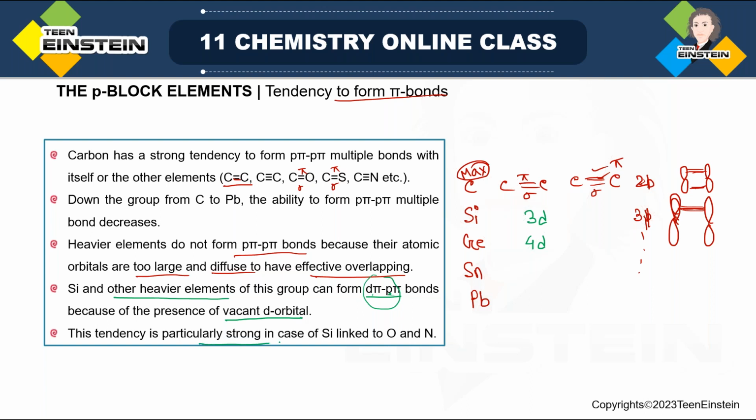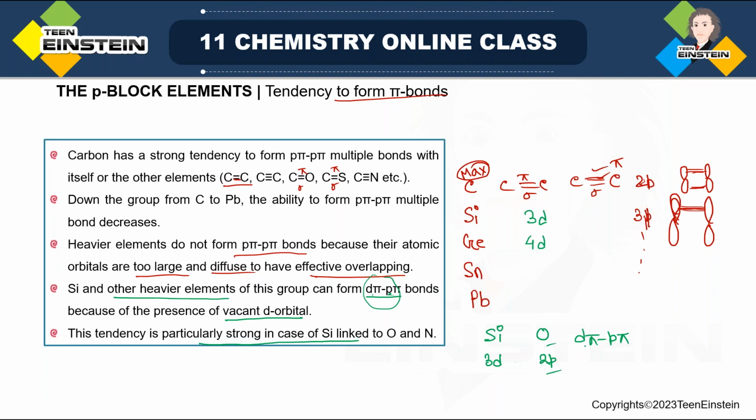Now this tendency is particularly strong in case of silicon when it is linked to oxygen. Silicon linked to oxygen will use the 3d orbital, and oxygen will use the 2p orbital, so d-pi bond formation is possible. Why will it prefer oxygen and nitrogen? Because oxygen and nitrogen are from the second period and their electronegativity is very high, so these conditions are good for pi bond formation.